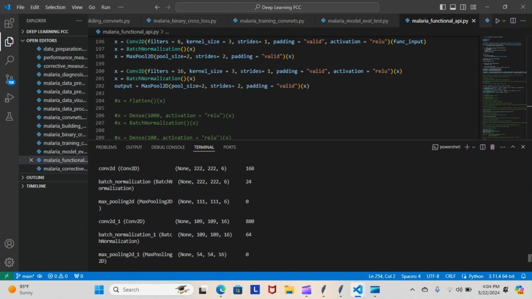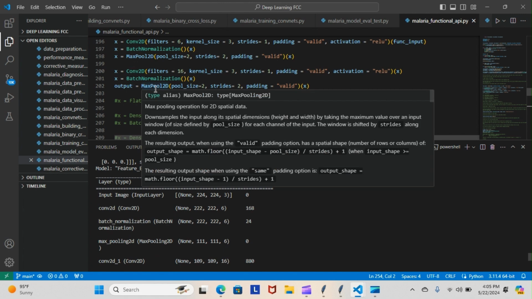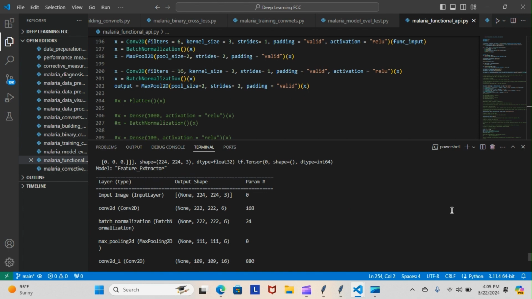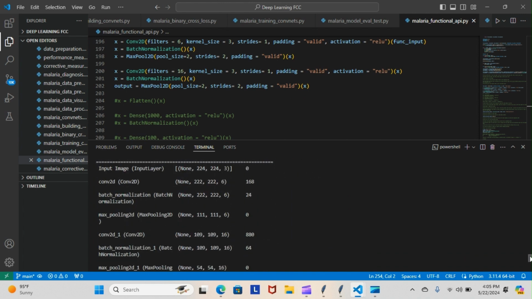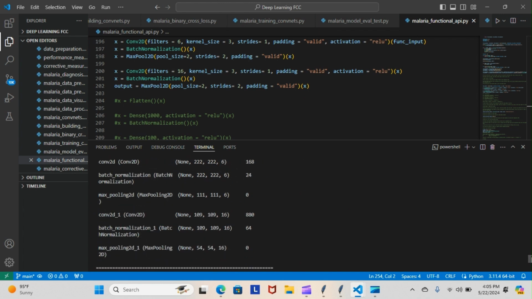All of it gets outputted to this MaxPooling2D, and you can see we have an output of None, 54, 54, 16. That's the accumulation of all of this extraction data. Together with the dense layers, which would be our classifying information, we would get a whole model structure.